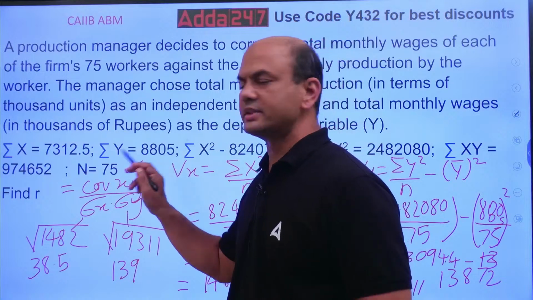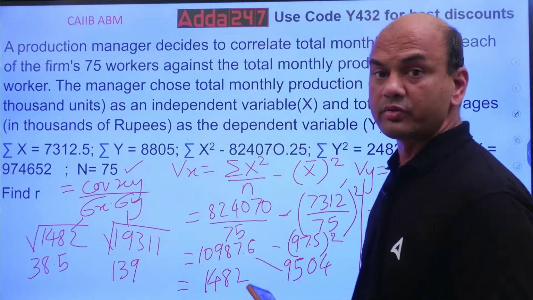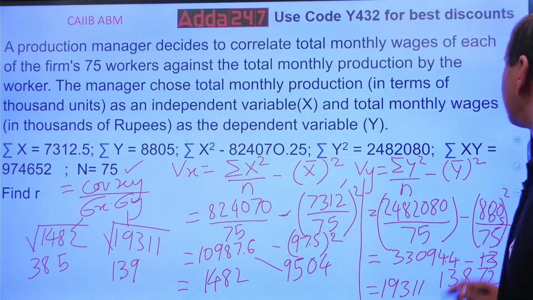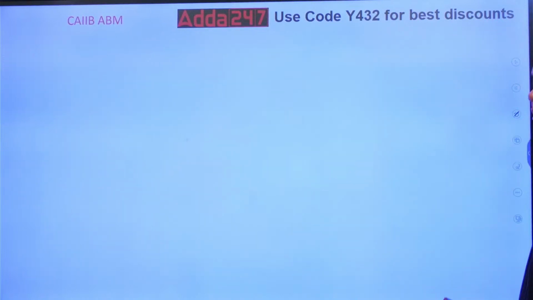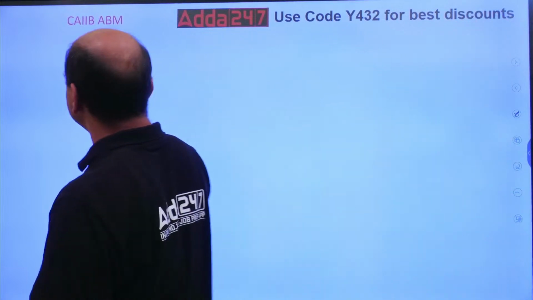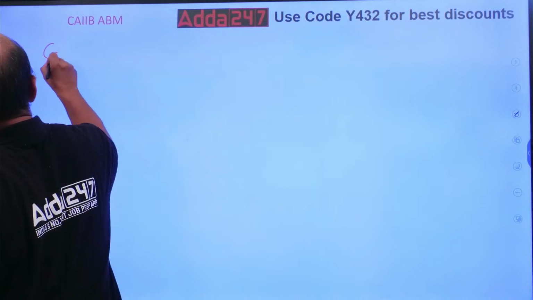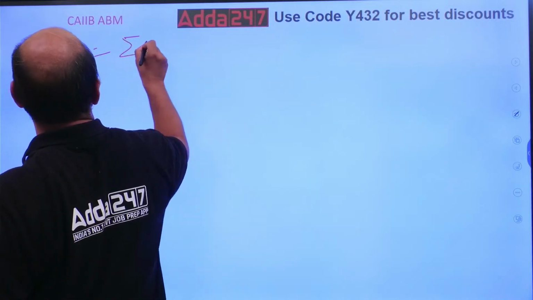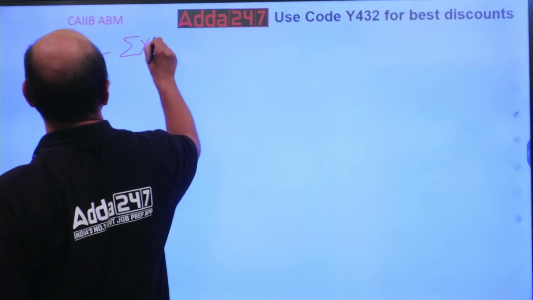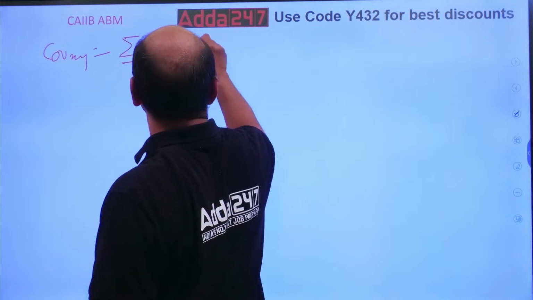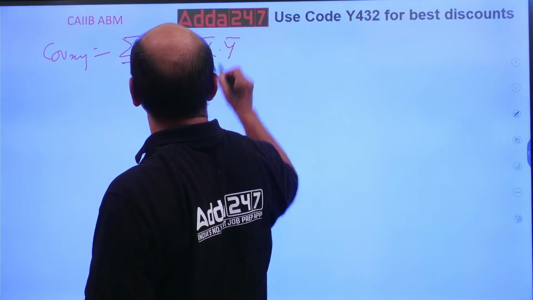You only want covariance now. What is the formula for covariance? Similar one. Covariance equals summation xy divided by n minus x bar dot y bar.